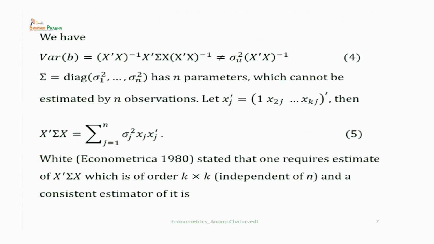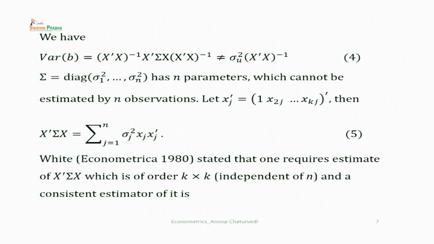Now, the variance covariance matrix of b is (x transpose x) inverse, x transpose sigma x, (x transpose x) inverse, where sigma is the diagonal matrix having elements sigma1 square, so on sigma n square. Now, this is not equal to sigma square u (x transpose x) inverse.